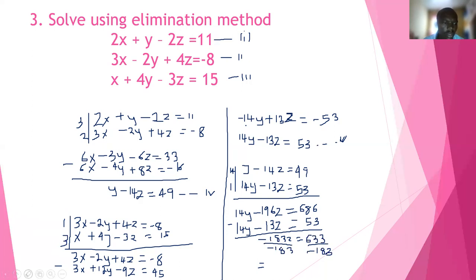So the first one, I said we take two pairs of equations like that. We have 2x plus y minus 2z is equal to 11.